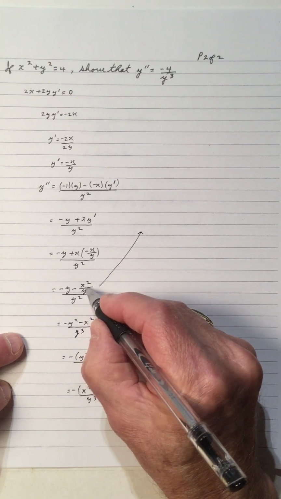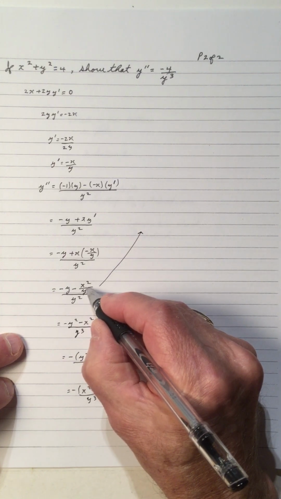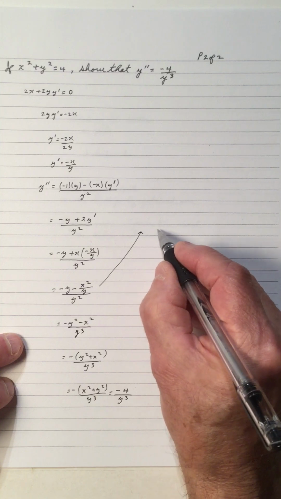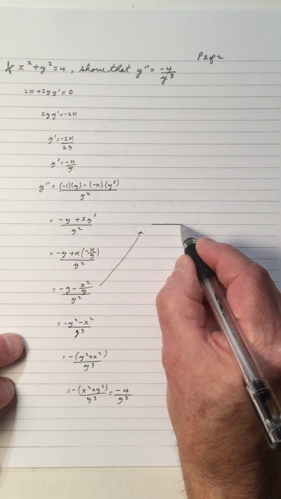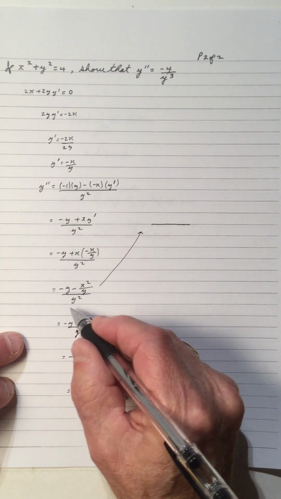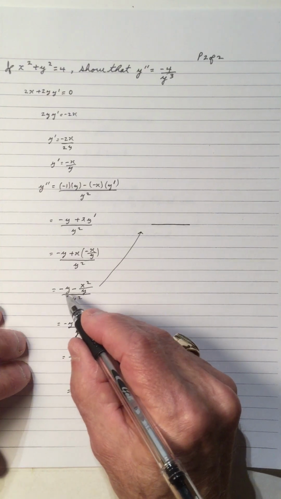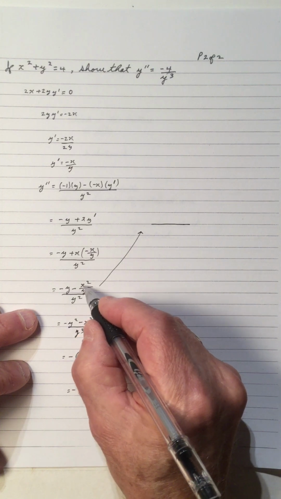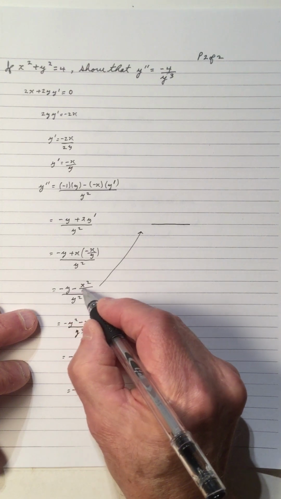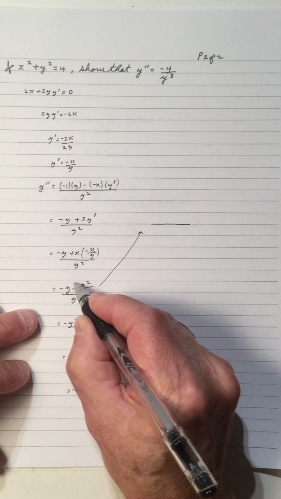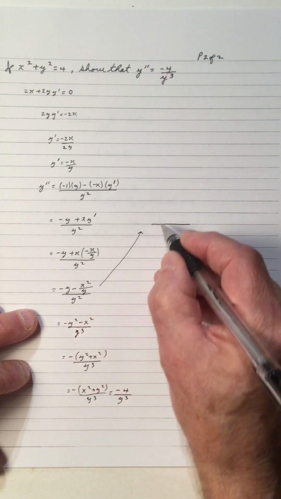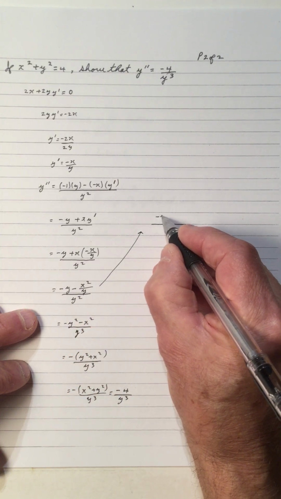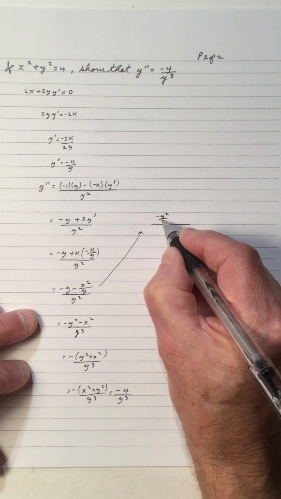But I said I'd show this another way, so let's go up right here and take this expression and simplify it. I could leave it, but it's easier to multiply each part by y, which makes it simpler. If we didn't, let's create a single fraction in the numerator. Negative y is the same as negative y squared over y.